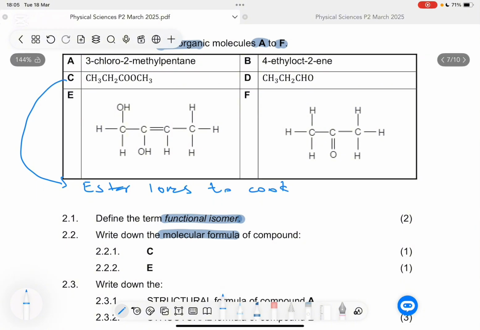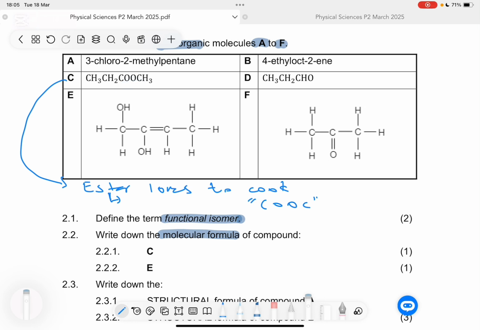The ester at the beginning is my homologous series, the class that I'm dealing with. And the cook is actually this OOC that we see in the molecule. So that's how I know an ester is always given by COOC, and that's how I know that this is an ester.